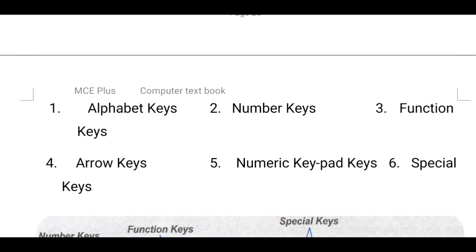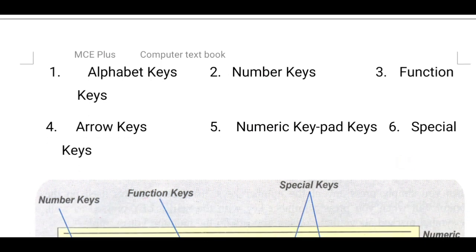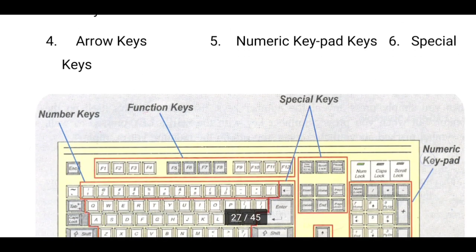Those start from 0 up to 9. Third, function keys. Function keys start from F1 up to F12. Fourth, arrow keys. Fifth, numeric keypad keys. Sixth, special keys. Let us discuss all of them.